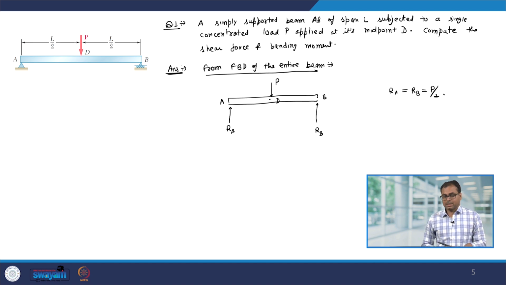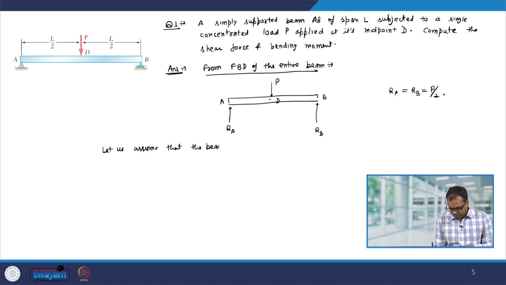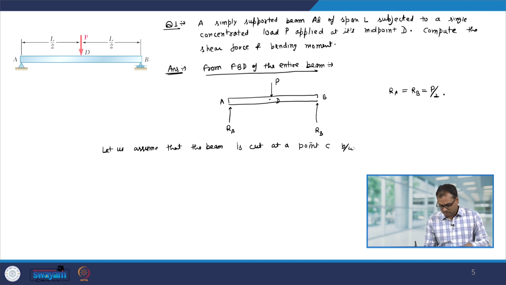Now, to find out the shear force and bending moment, let us assume that the beam is cut at a point C which is between A and D. Okay. So, let me cut the beam at this point. Let us call this point C, and let us look at the free body diagram of both the parts. Okay.